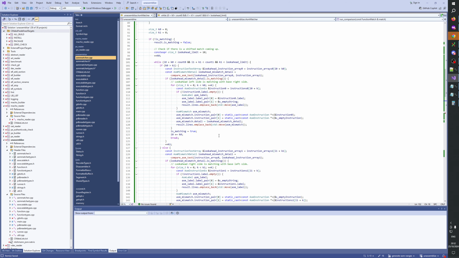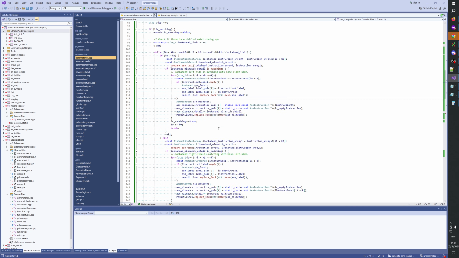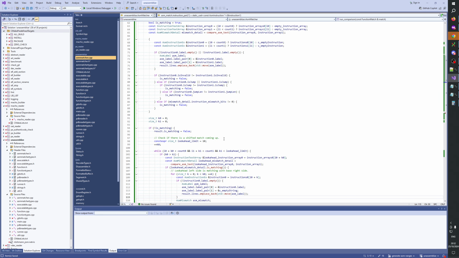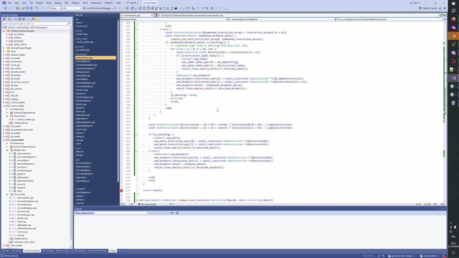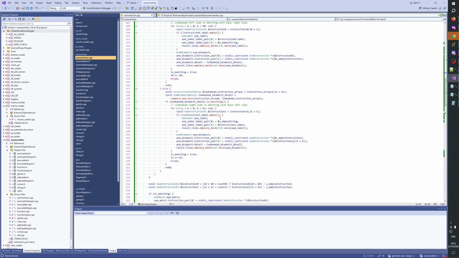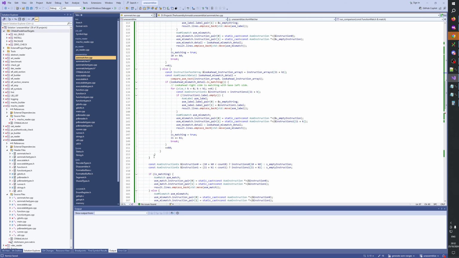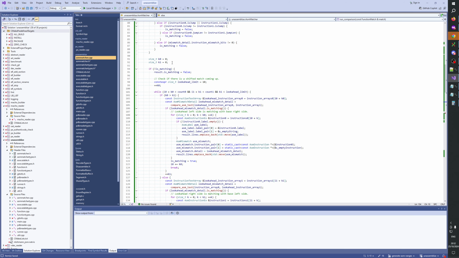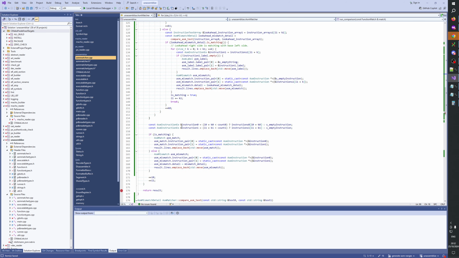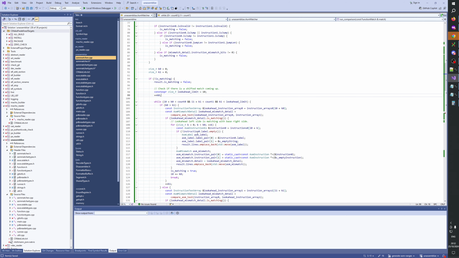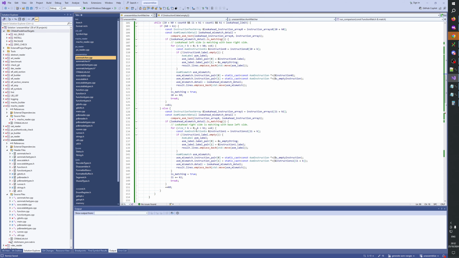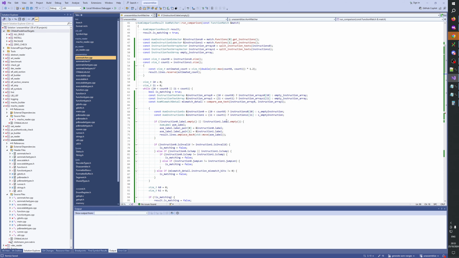Well, it's getting quite complicated here, this code. Okay, I think that this is correct now.